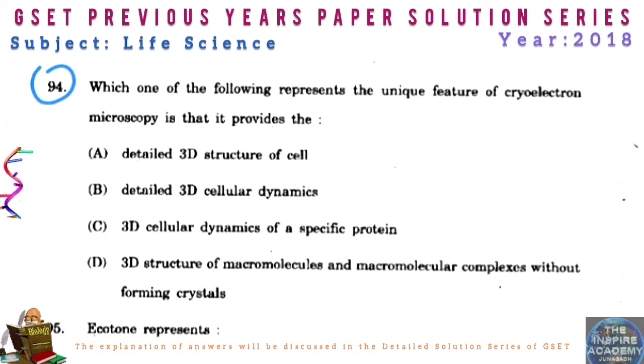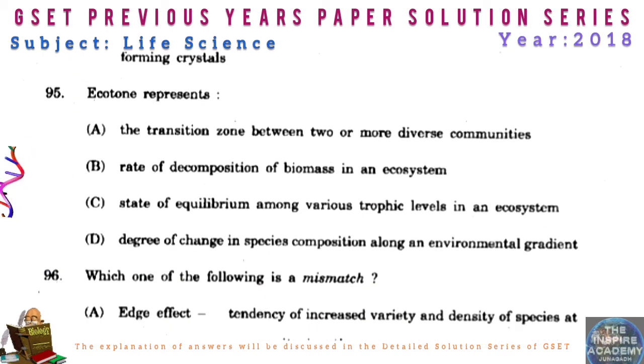Which one of the following represents the unique feature of cryo-electron microscopy? Is that it provides the 3D structure of macromolecules and macromolecular complexes without forming crystals. Question number 95. Ecotone represents the transition zone between two or more diverse communities.